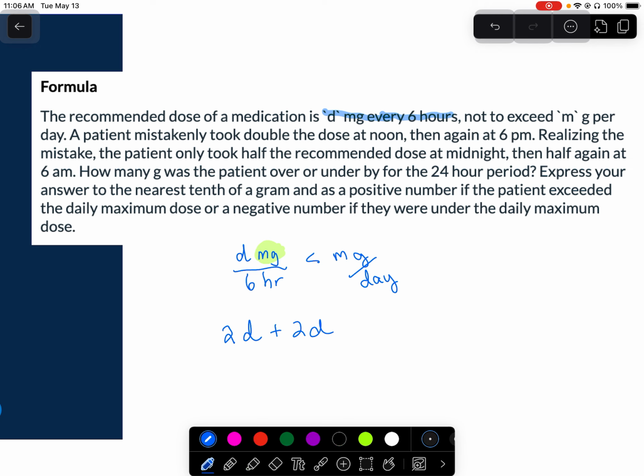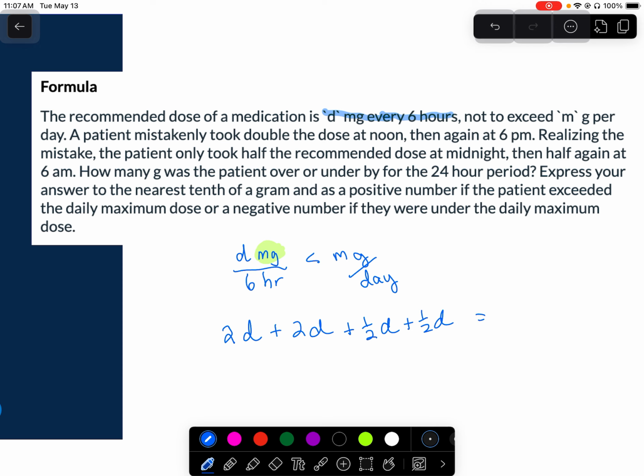Realizing their mistake, they took a half of the dose at midnight, and then a half again at 6 a.m. So how many grams was the patient over or under by for the 24-hour period? Let's first calculate how many they took, and then let's contemplate how many they should have taken.